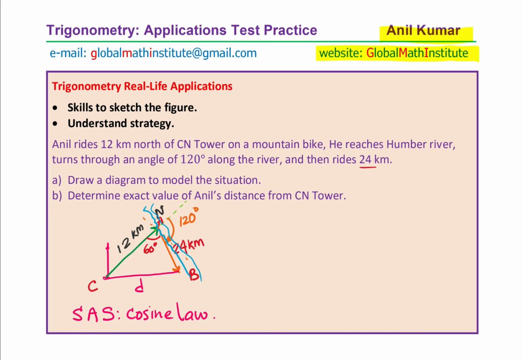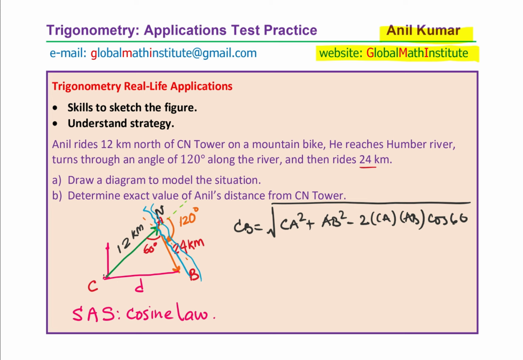CB will be the square root of CA squared plus AB squared minus 2 times CA times AB times cos of the angle between them. That is how you find the distance CB.